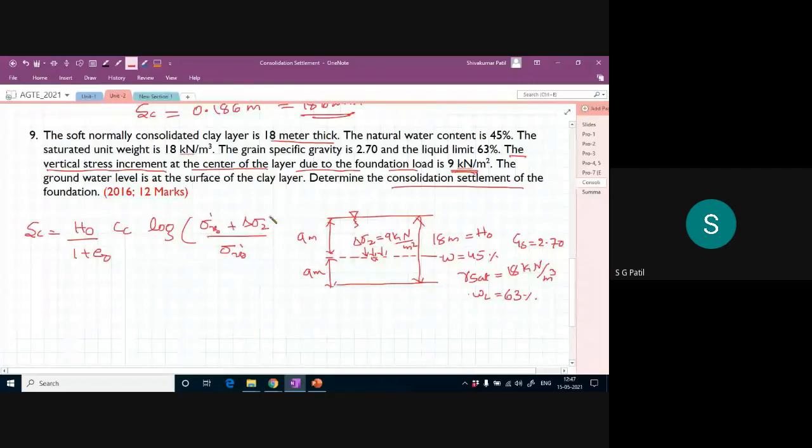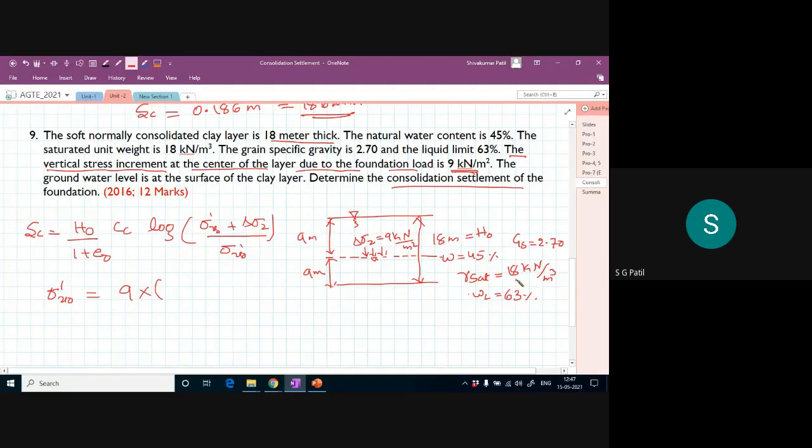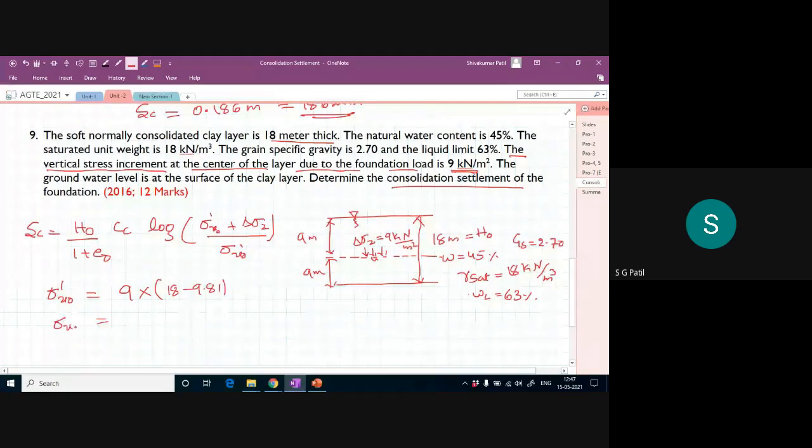The groundwater level is at the surface, so the water level is somewhere here. Determine the consolidation settlement, they are asking. So what is the formula? SC is equal to H naught divided by 1 plus E naught, CC log of my initial plus delta sigma divided by the initial vertical stress.